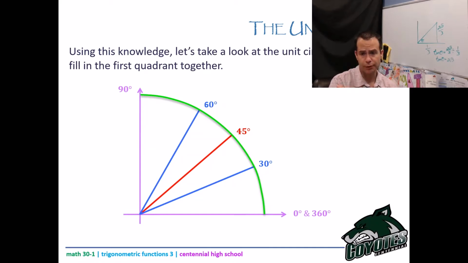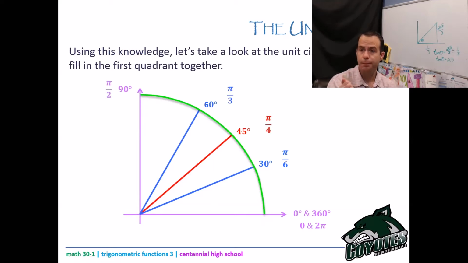So 30 degrees converted into radians, 0 degrees, well, 0 is 0. 30 would be pi over 6. 45 would be pi over 4, 60 would be pi over 3, 90 would be pi over 2. Okay, so I didn't say this, but 0 is also 360, right? If I have gone the full circle, and then for radians, 0 is also 2 pi. Okay, so I have my radian measures in there.